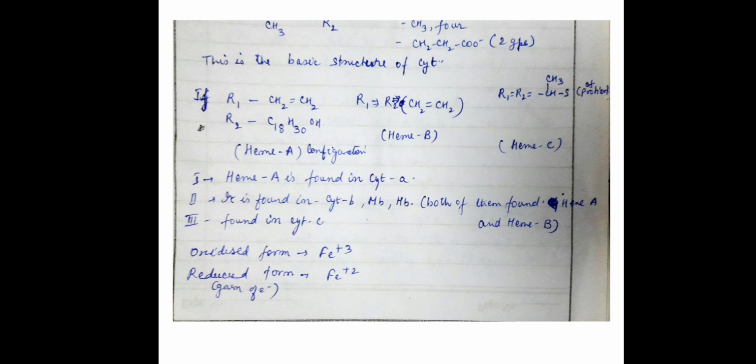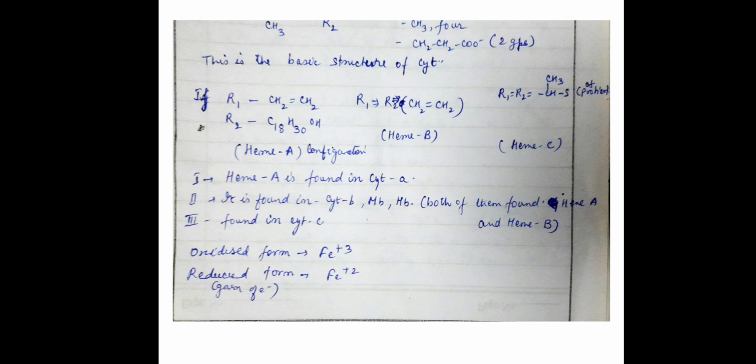In heme C, R1 is equal to R2 is equal to CH, CH3 and sulfur in the protein. So you can differentiate heme A, heme B, heme C on the basis of R1 and R2. Now heme A is found in cytochrome A, heme B is found in cytochrome B, myoglobin, hemoglobin.